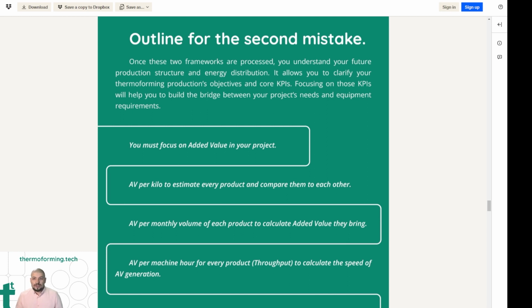But the funny thing is that in thermoforming it happens pretty fast, because the projects are growing and snowballing in time, and by the moment you reach your capacity limitation, you have to decide what to do next. Either invest more money and extend your production, but the costs for this might be huge: investments for a new extrusion line, maybe a new building or a new plant if you don't have enough space there.